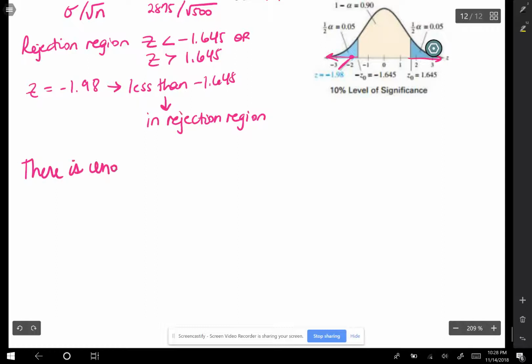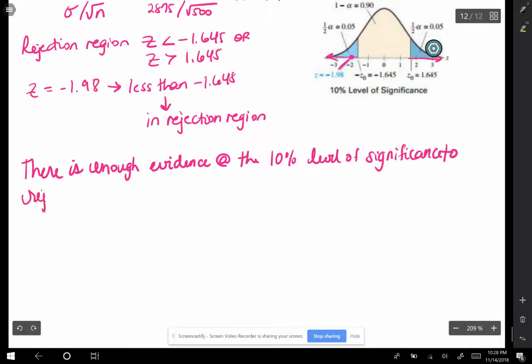there is enough evidence at the 10% level of significance this time to reject the claim.